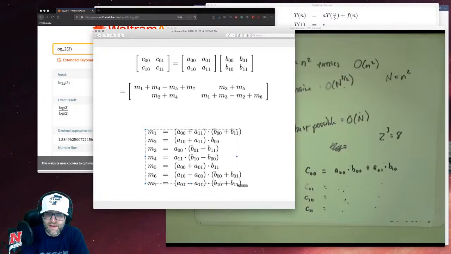But the key is, instead of 8 multiplications, you only have to do 7. 1, 2, 3, 4, 5, 6, 7. The rest of these things are additions or subtractions, which are basically additions. They're additions by a negative number. So we have blown up the number of additions. Remember, the number of additions before was going to be what? 2 to the 4th times, yeah, 2, so 4 additions, right?